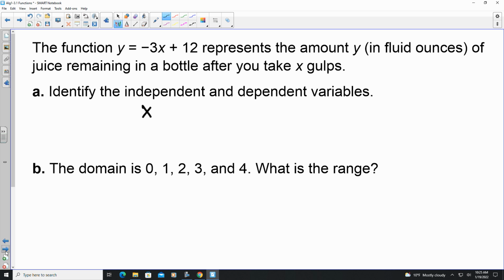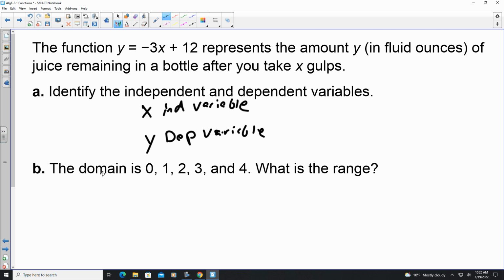So x is your independent variable, and it's an indicator of how many gulps you've taken. And depending on how many gulps, y is your dependent variable. How many fluid ounces are left in your juice bottle?